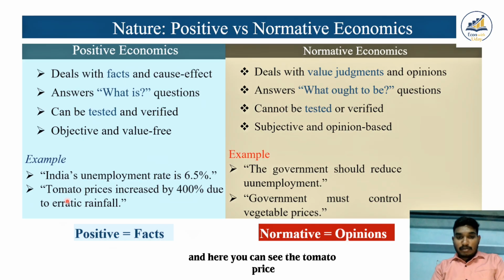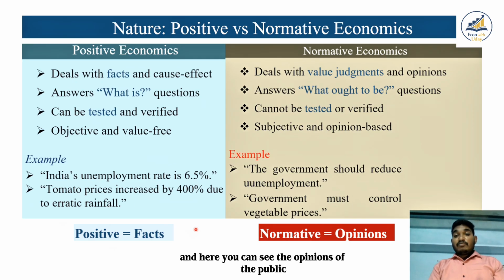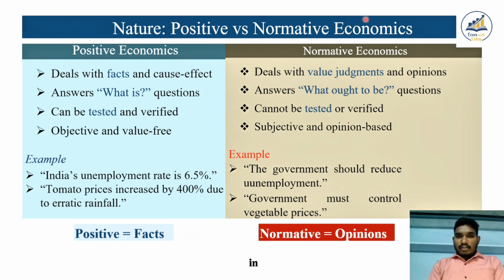And the tomato price increased by 400% due to erratic rainfall is a fact. Because of the erratic rainfall, tomato prices increased by 400%. The public's opinion is that the government must control vegetable prices. This is normative and positive economics. In further classes, we are going to look at normative and positive economics in detail.